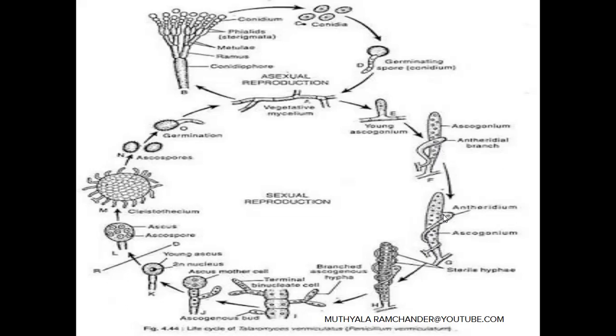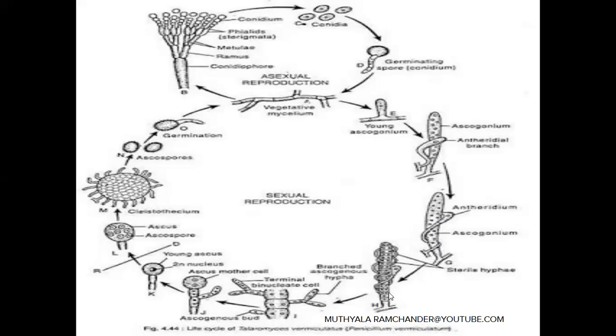By this contact, the cell wall between the antheridium and ascogonium is ruptured. From the antheridial branch, only cytoplasm enters the ascogonium. The antheridium cytoplasm fuses with the ascogonium cytoplasm. This process is called plasmogamy.